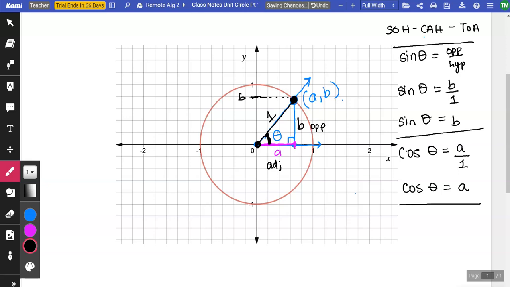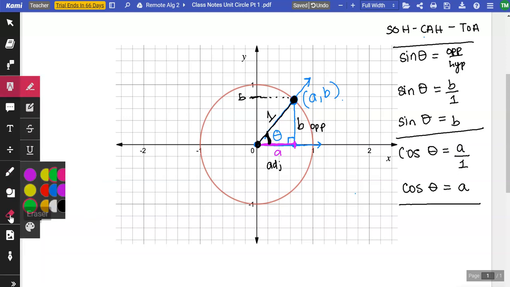So what I would like to point out is that the sine of theta, and I'm going to use a highlighter here, the sine of theta is equal to B. Well, where else did we see B? Isn't B also the y coordinate of this point?